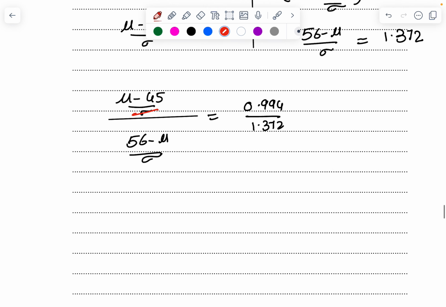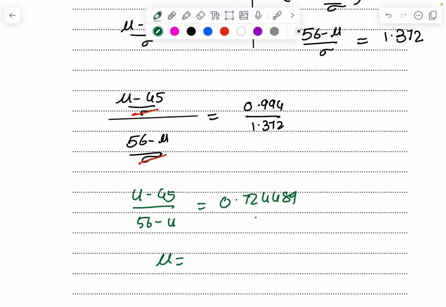Then we can see that sigma and sigma cancel. So (mu minus 45) upon (56 minus mu) equals 0.994 divided by 1.372. 0.994 divided by 1.372 should give me 0.724489. So from here, solve it out.